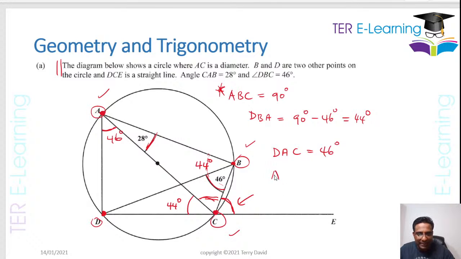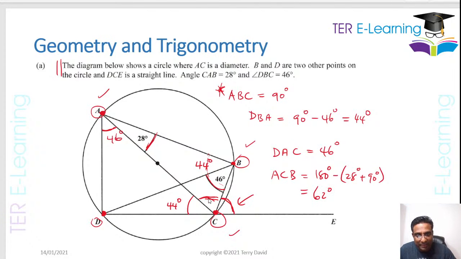Angle ACB is equal to 180 minus 28 degrees plus 90. And let's see what I'm going to get here.